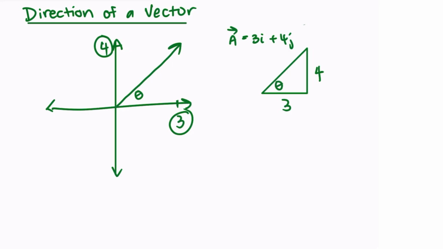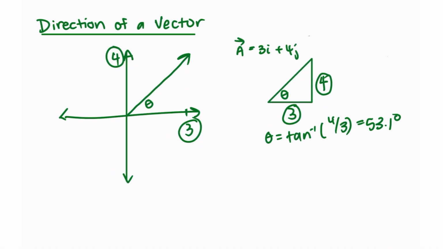Now we're going to go back and use our trigonometry rule of SOHCAHTOA, where tangent is opposite over adjacent. So theta is tangent inverse of the opposite leg, which is 4, over the adjacent, which is 3, which gives us the answer of 53.1 degrees.